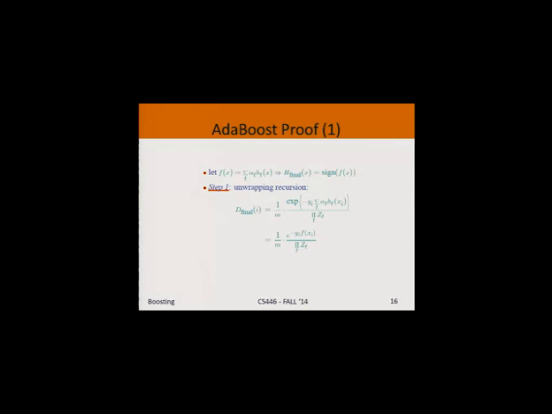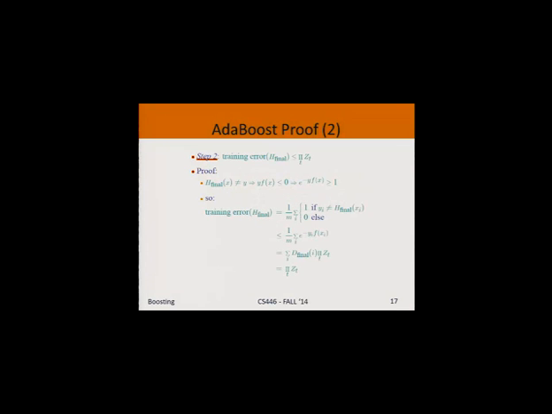This is going to be denoted by f of i. This is really my function according to which I'm predicting, right? I'm taking this linear sum of hypotheses, and the sign of it is my predictor. Okay? So that's the first step. Okay, so now I want to prove the theorem.